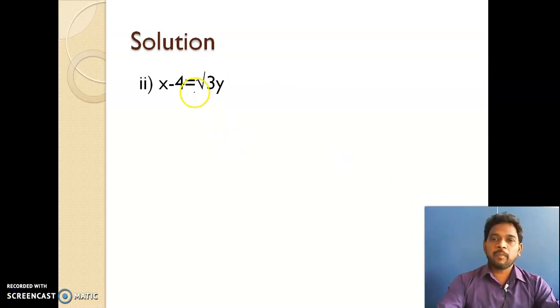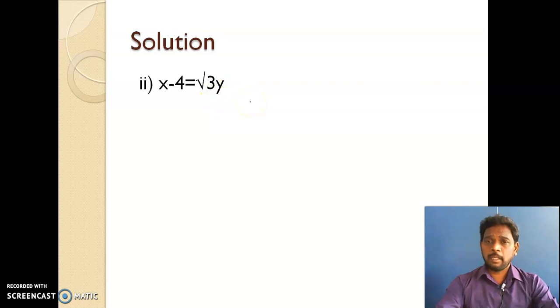So x minus 4 equal to root 3 into y, right? Here also we are going to convert this into the general form, ax plus by plus c equal to 0. Here the x term is here, this is a constant term, and the y term is here. You should write the y term as the second term.